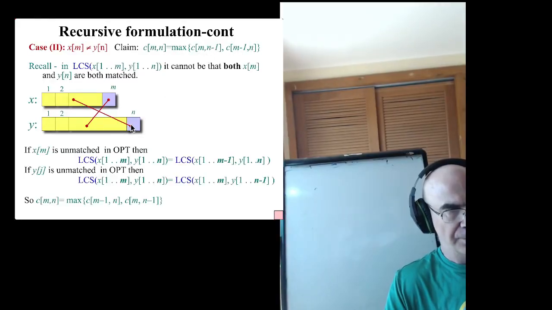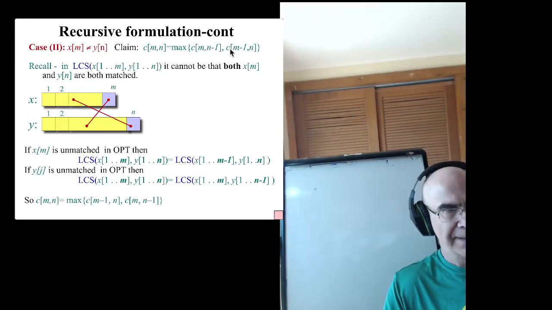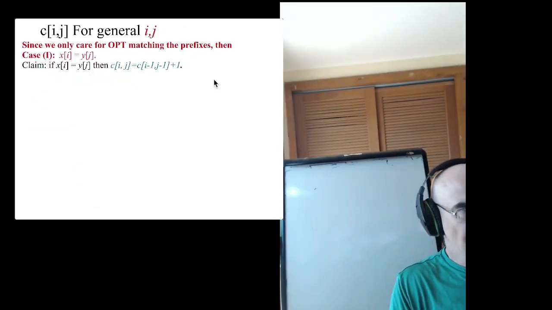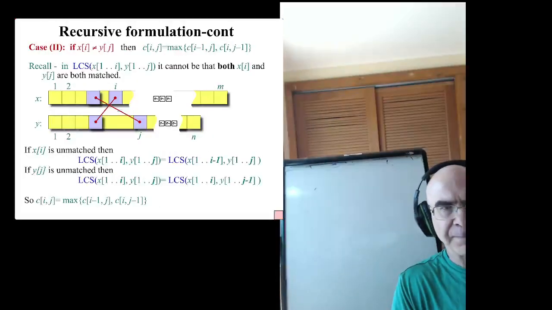We are not trying to match the last characters. At the same time, we are also looking at the symmetric case: match everything in Y to everything in X, however delete the last character of X before it, and the length of this LCS is denoted by C of m minus 1, comma, n.